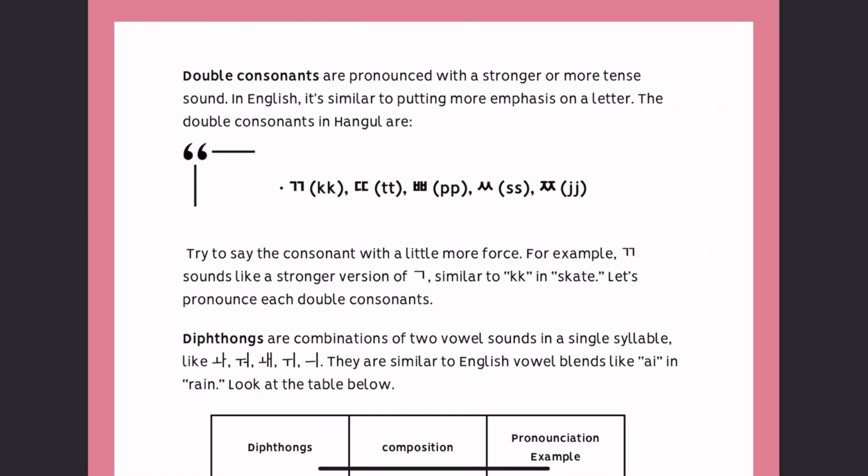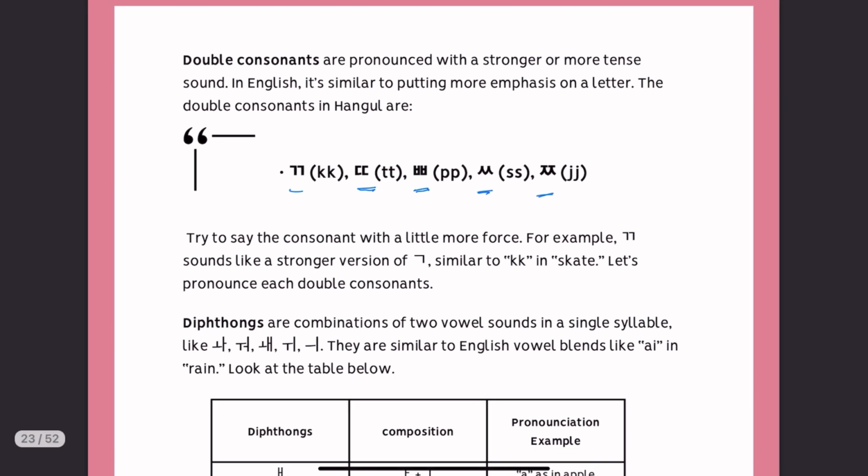And double consonants are pronounced with a stronger or more tense sound. In English, it's similar to putting more emphasis on the letter. The double consonants in Hangul are gg, dd, bb, ss, jj.